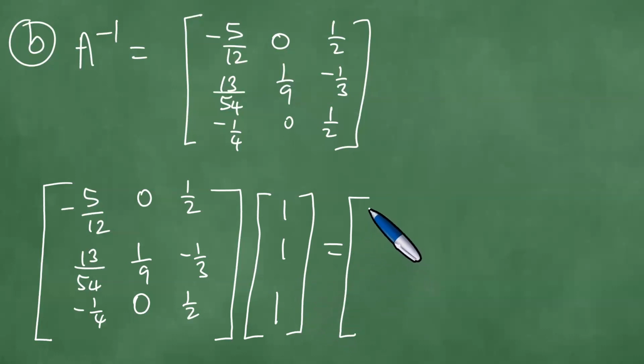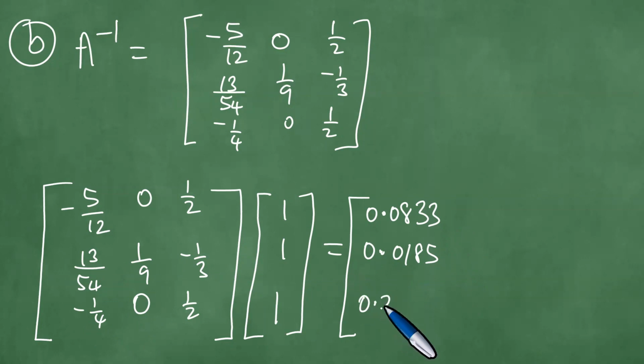If we multiply these by this, these by that, and find the sum, we have 0, 0, 1. This by that, this by that, we have 0 point. Now look for the biggest one. Which one is the biggest?